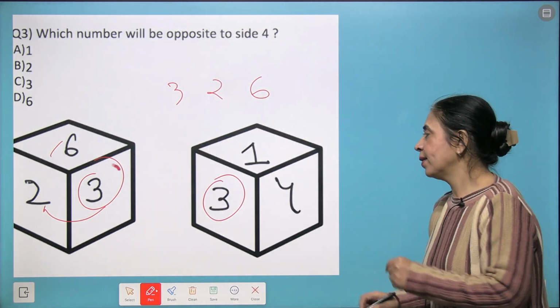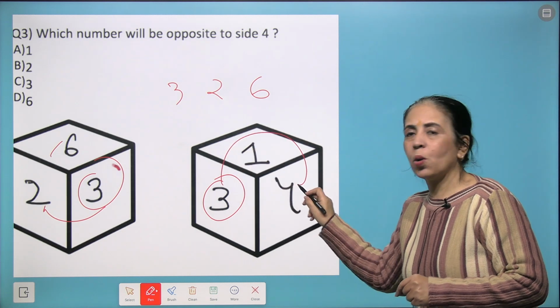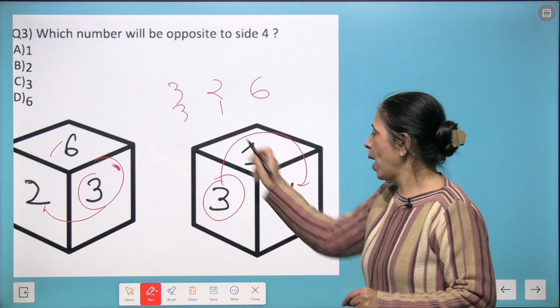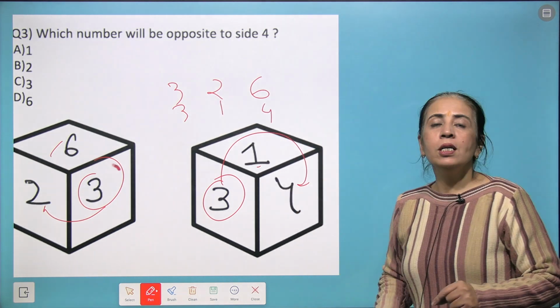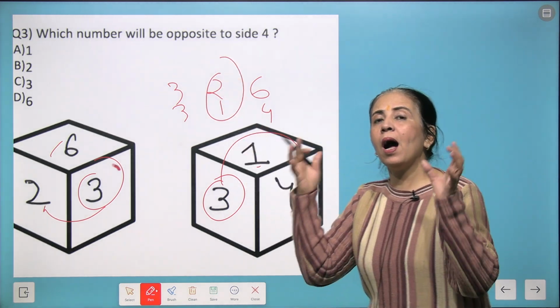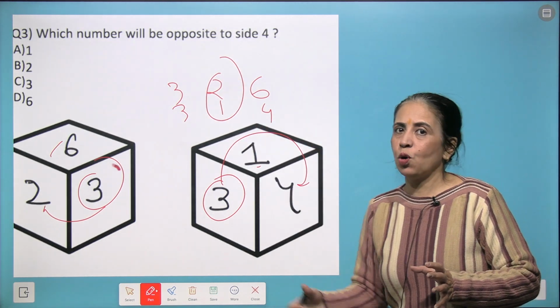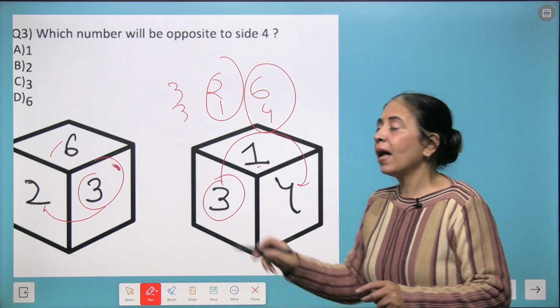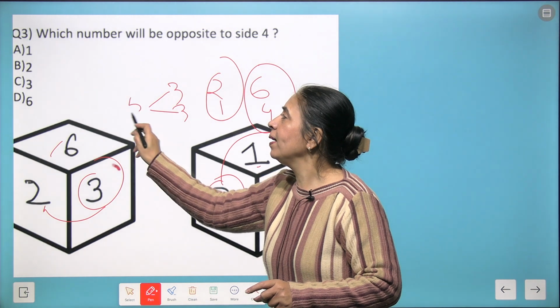Now looking at 3 here, we take a clockwise turn and we write down 3, 1 and 4. So it directly indicates that 2 and 1 are opposite faces of the dice. 6 and 4 are opposite faces, and opposite to 3 will be 5.